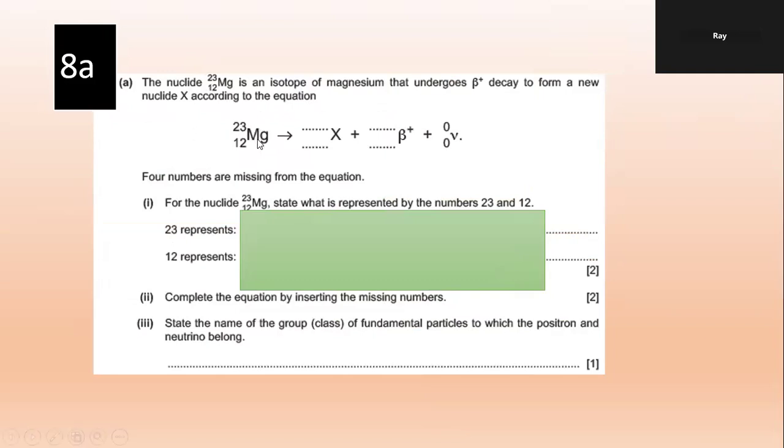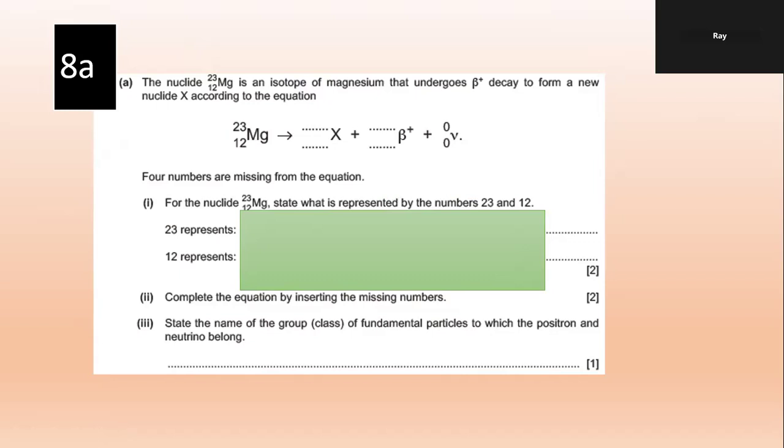Nuclide magnesium is an isotope of magnesium that undergoes beta plus decay to form a new nuclide according to the equation. Four numbers are missing from the equation. For the nuclide, state what is represented by 23 and 12.